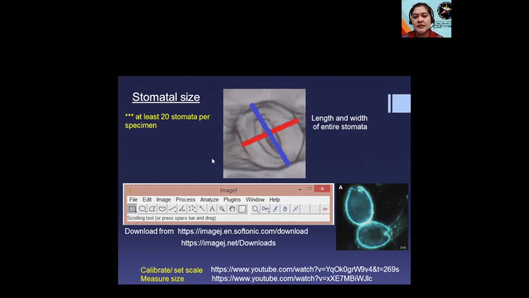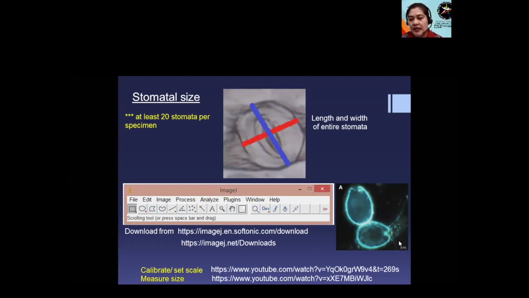So when you set scale, you are going to make use of a picture. Okay? You should look for pictures in various articles that would have the same magnification as what you have used. Okay? Ano ang pinaka-important aspect dyan?